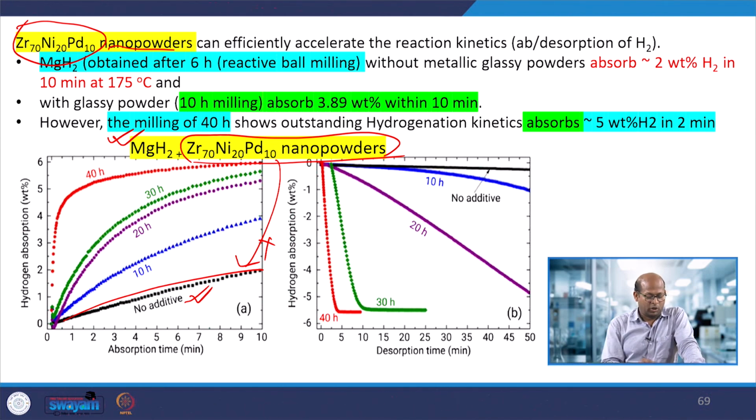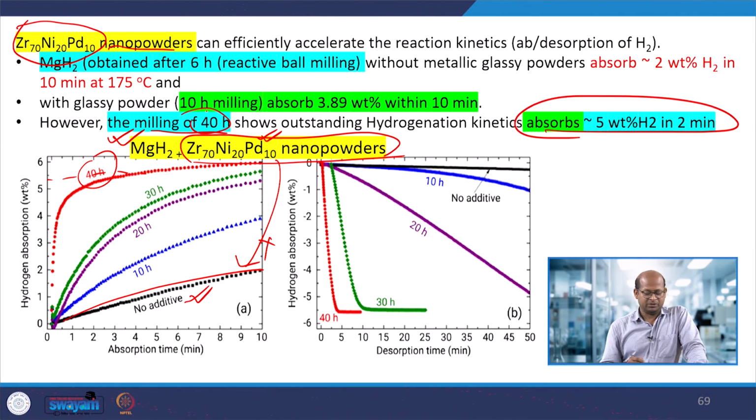When we use these materials, after 40 hours of milling, it can store a good amount of hydrogen, close to 5.5-5.8% within 2 minutes. So after 40 hours of milling it can store approximately 5 to 5.5% hydrogen within 2 minutes, and if we wait for 10 minutes, close to 6 or 8% hydrogen it can store.